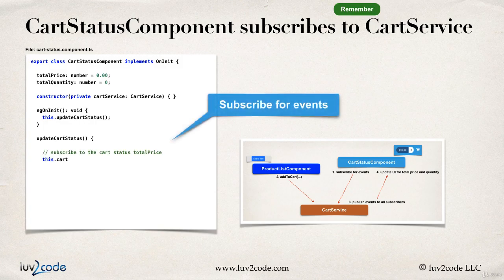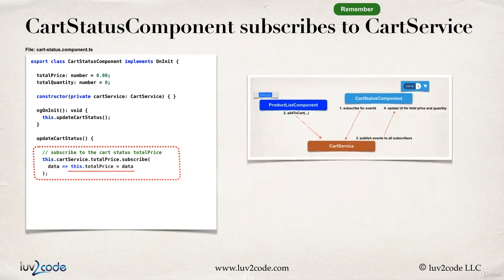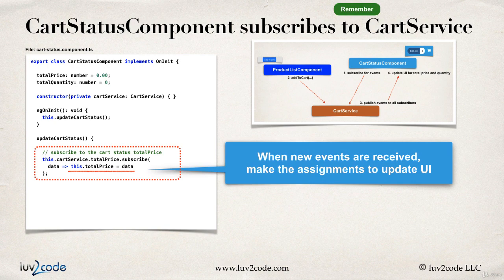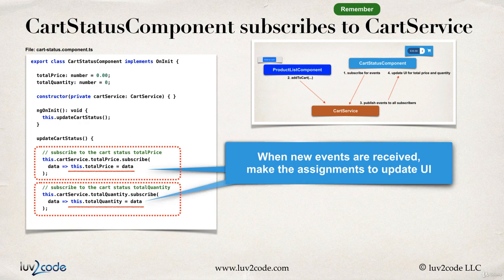So I've subscribed to the cart status for total price by saying cartService.totalPrice.subscribe. So when those new events are received, we'll make the assignments to update the UI accordingly. So that's for total price. And then we do a similar subscribe for total quantity, the exact same thing. Okay, and again, we already have this coding in place, just giving you a quick refresher to get you back up to speed.